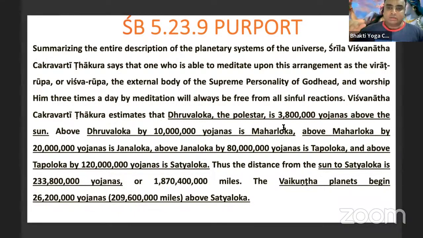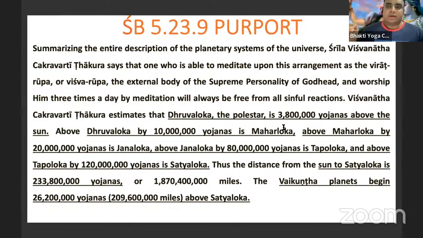The radius from the center point, where Mount Sumeru was located, to the circumference of the Brahmanda was about 250 million yojanas. These 250 million yojanas were divided in between by the Loka mountain.